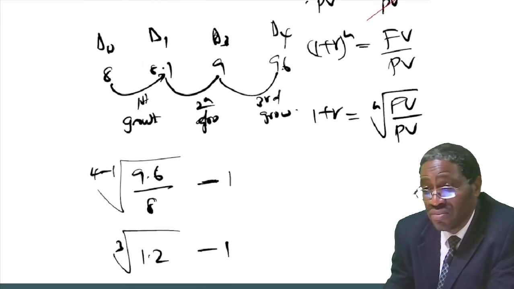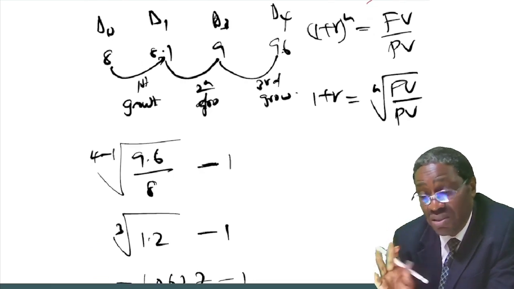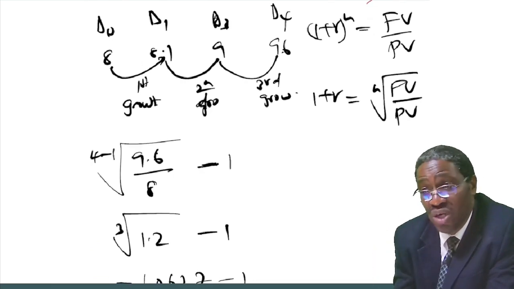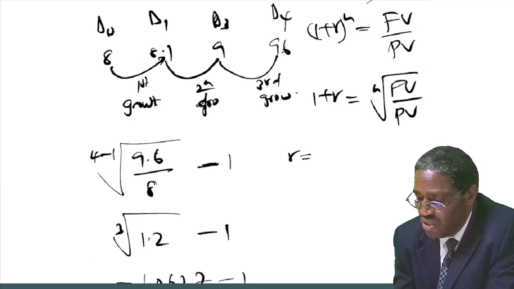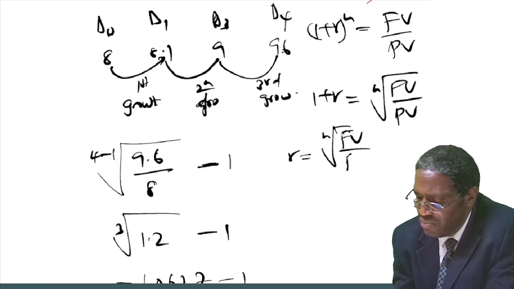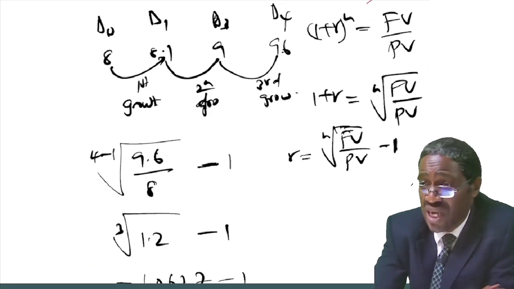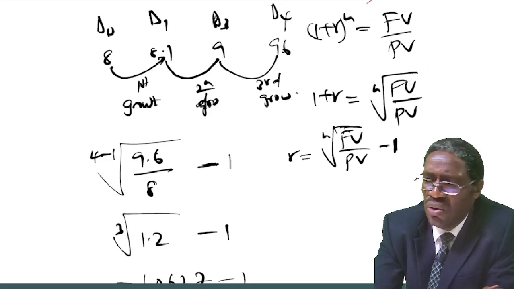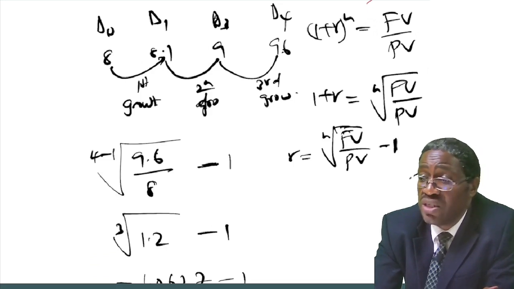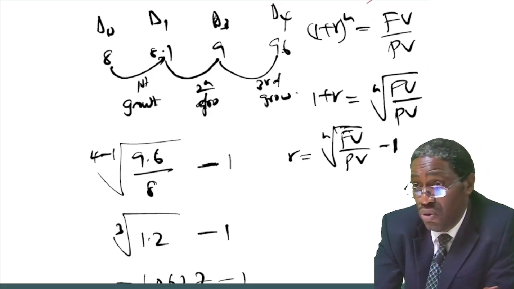Now listen, I am still looking for r. So to get r, I take 1 to the other side. r will be the nth root of FV divided by PV, everything minus 1. So this is generally how the growth rate formula is derived. They are deriving it from the present value factor.